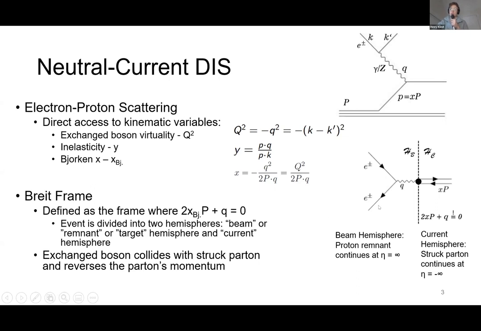It's cleanly divided into two hemispheres, one of which is called the beam or remnant or target hemisphere interchangeably. This H_B, over here on the left, is where the remnant of the proton ends up, whereas this H_C is where the struck quark ends up. So you get a nice geometrical separation between the two processes.